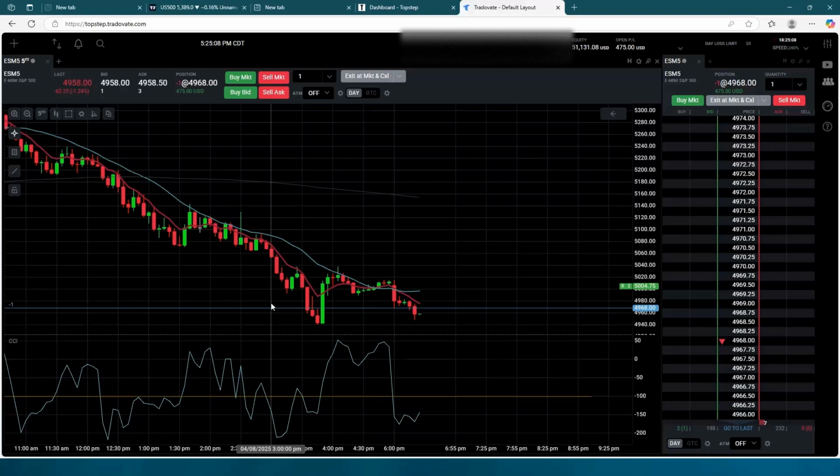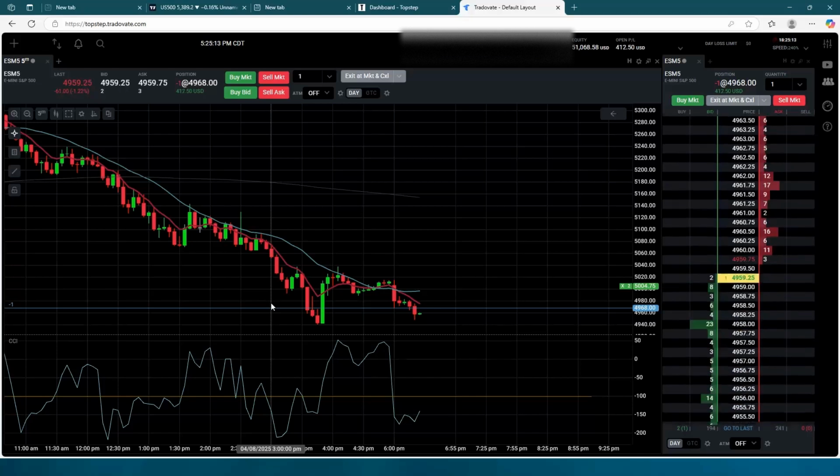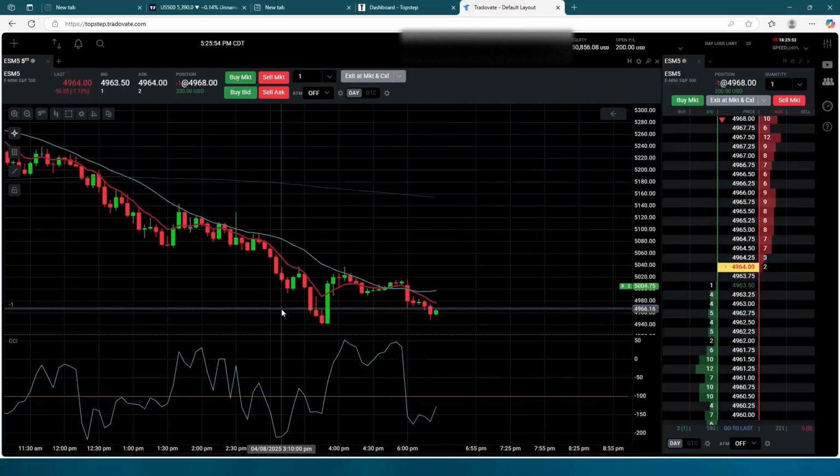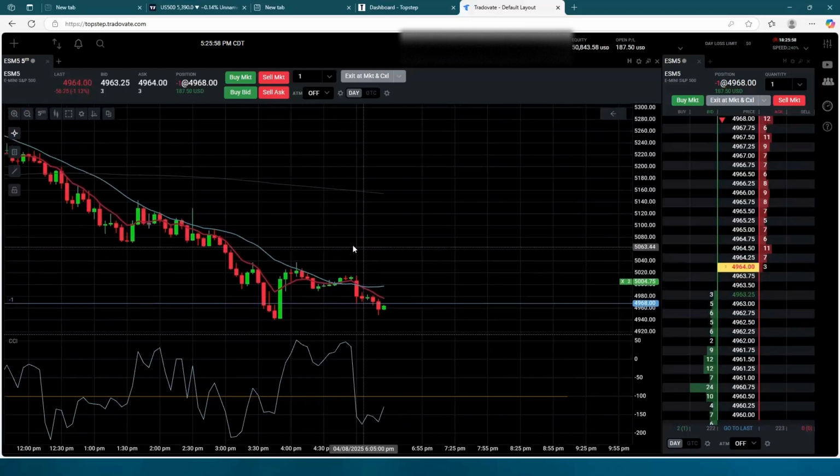So instead of trying to predict where the market is going to go, our job as traders is to try to find the likelihood of where it will or will not go, right? So from that standpoint, we're looking for those opportunities.